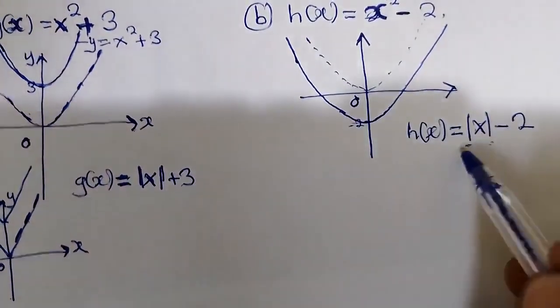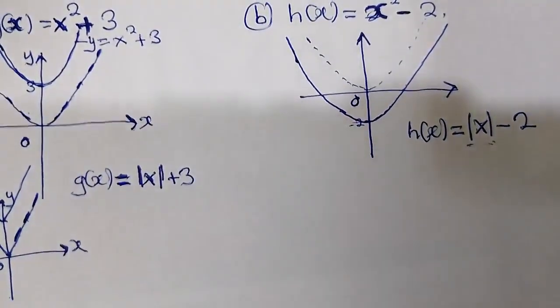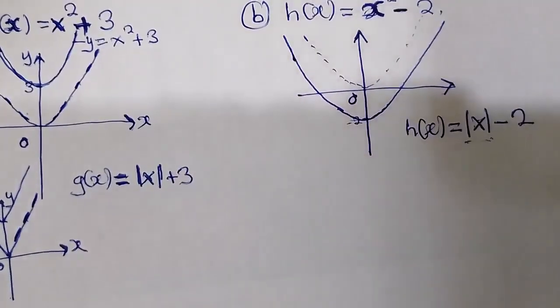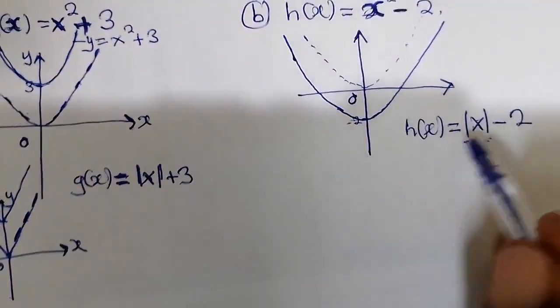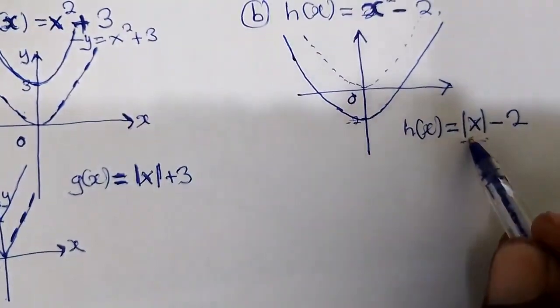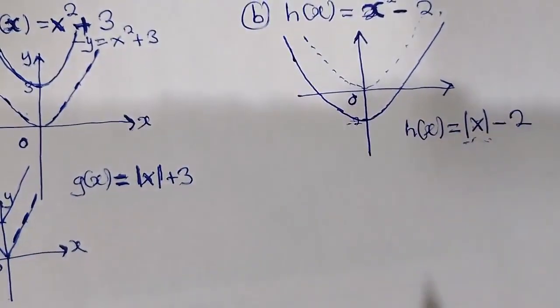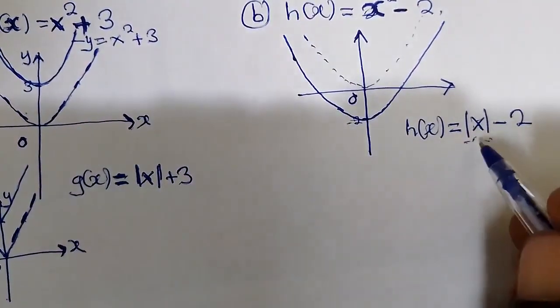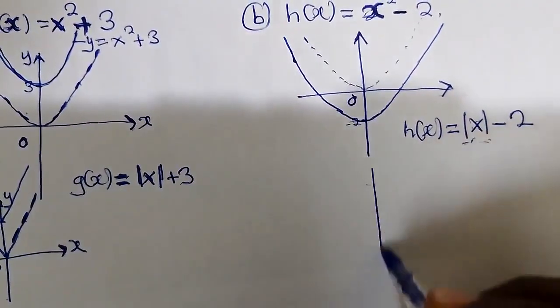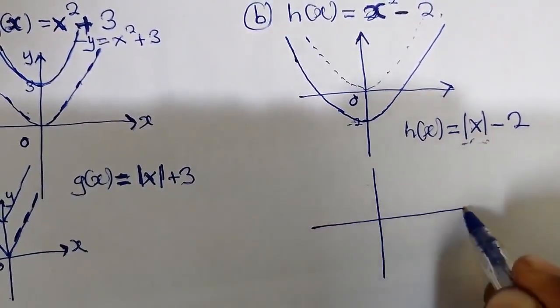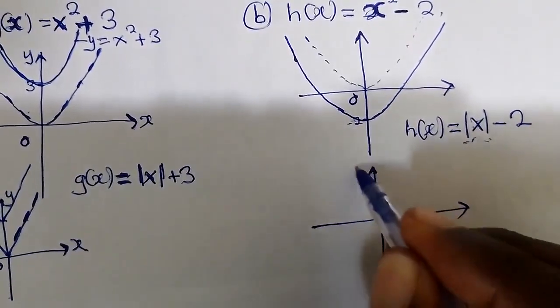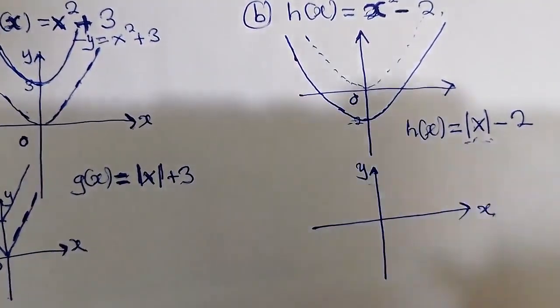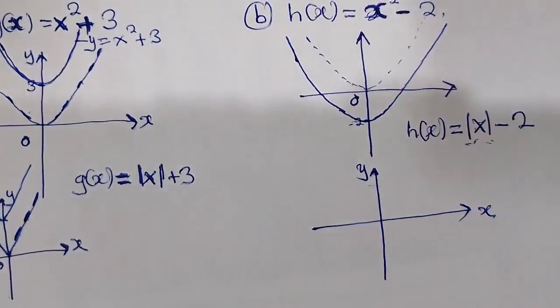You write the graph. You put a graph like this. This is y. This is x.